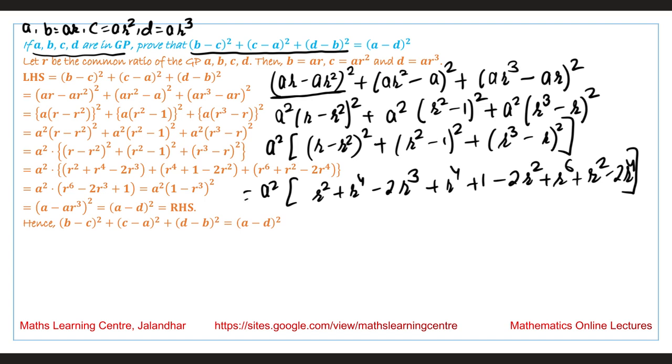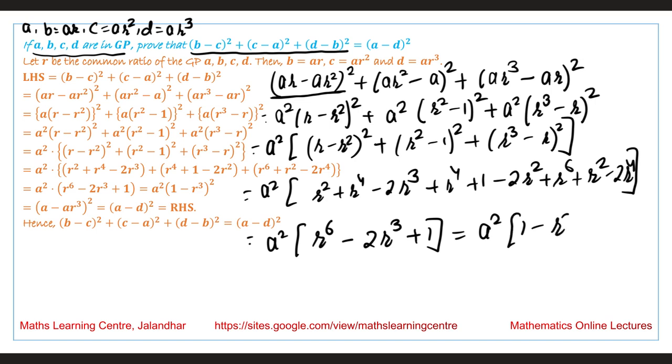Now on solving all these values, we will obtain a square into r raised to the power 6 minus 2r cube plus 1, and this is equal to a square into 1 minus r cube raised to the power 2. And if we calculate the value of this term, it is a minus d whole square.